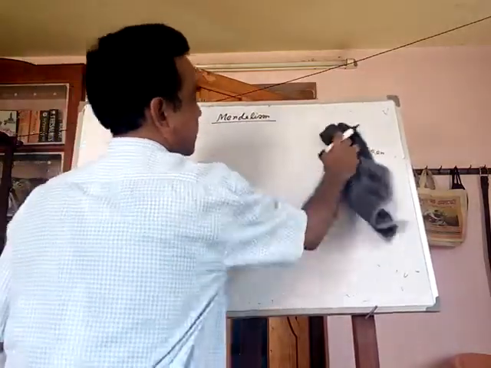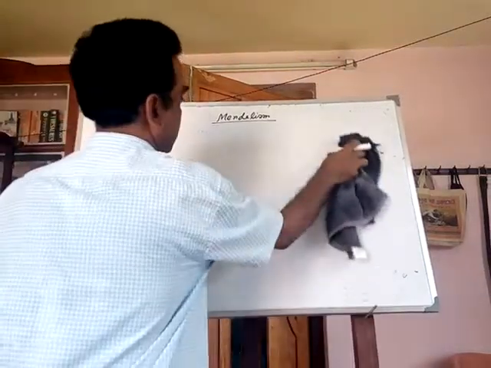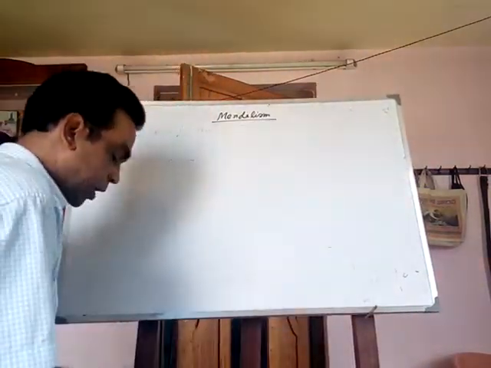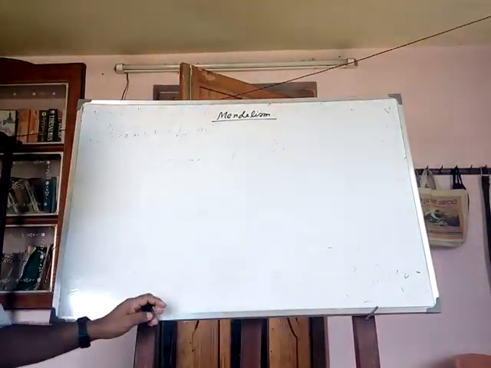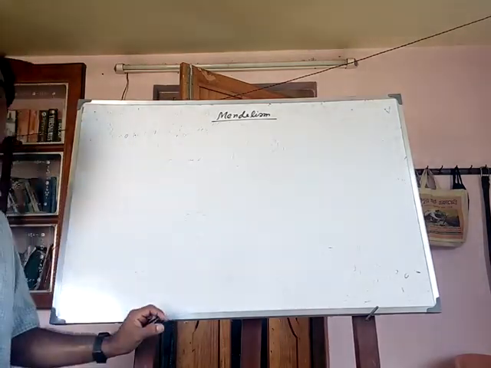Mendel took two pure features of each organism and crossed them, and explained it as the dihybrid cross.